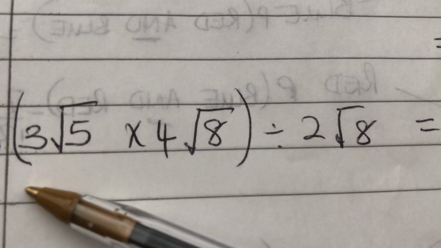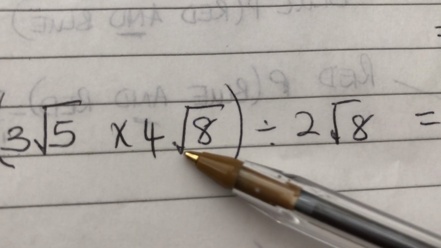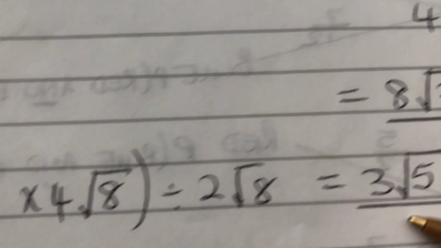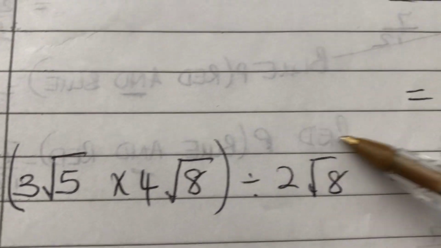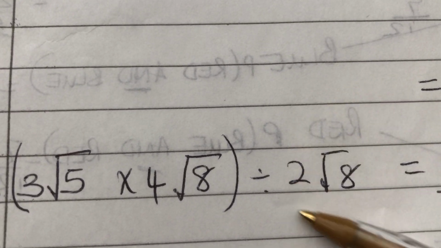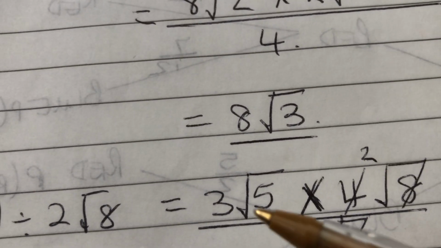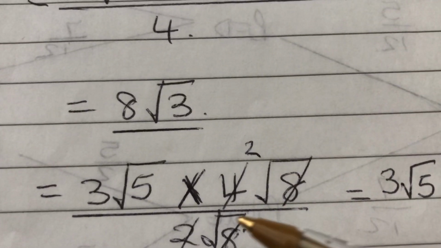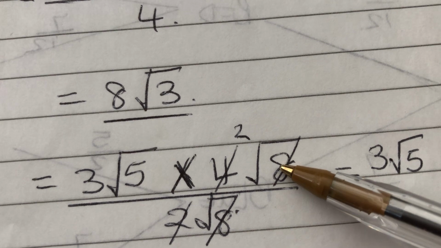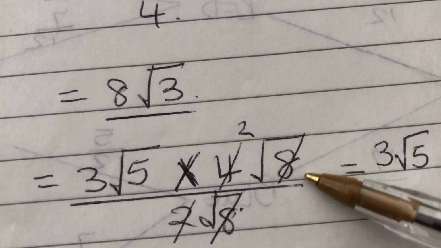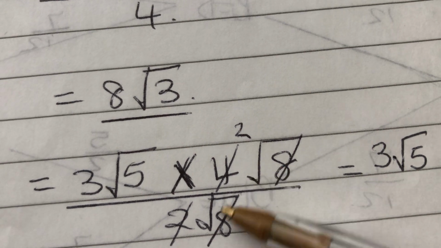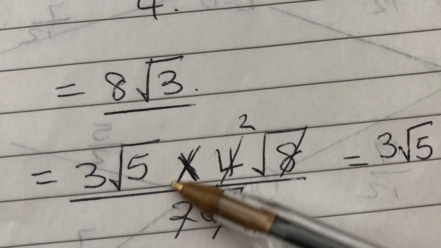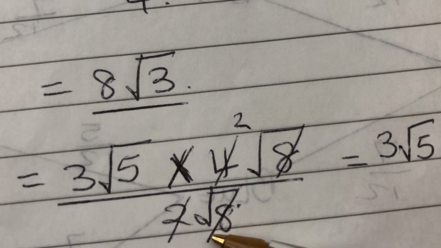3 root 5 times 4 root 8 divided by 2 root 8, okay? So that is our numerator, and that is our denominator. So you have 3 root 5 times 4 root 8. But you can also cancel the root 8 so that you don't have the square root in the denominator. You remember what I told you?